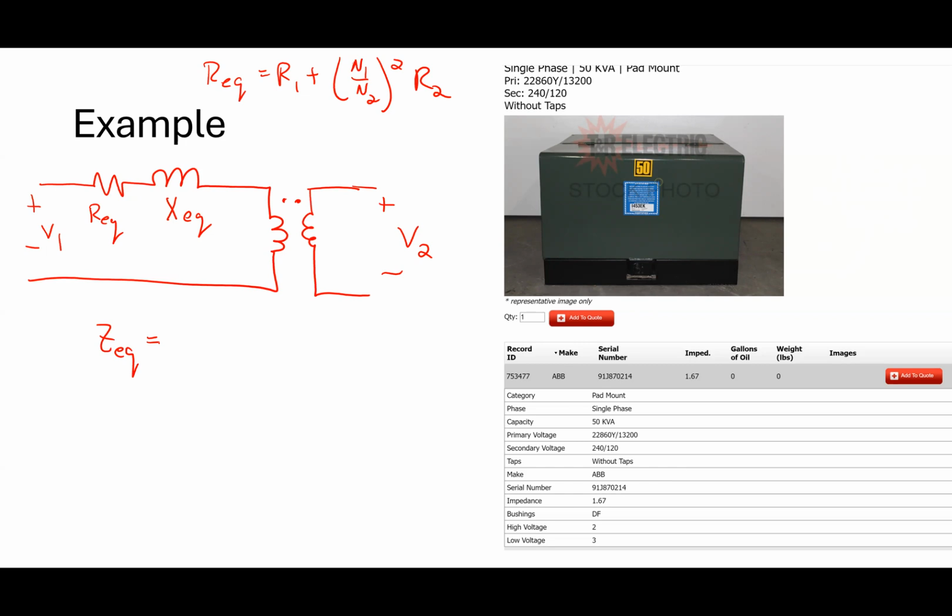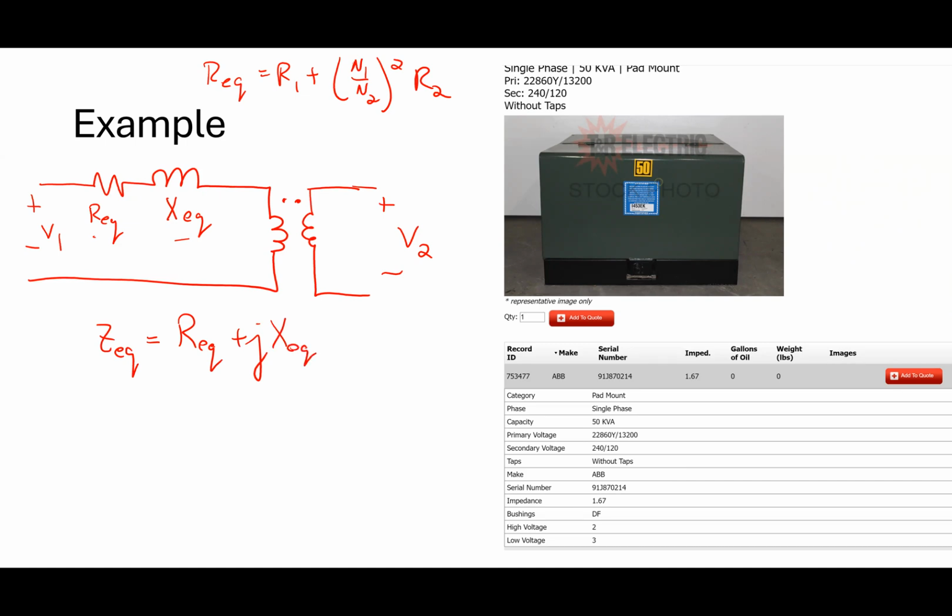Those are two impedances in series, right? So what would the formula be for ZEQ, the series combination of those two? Like A plus jB, you'd say REQ plus jXEQ.